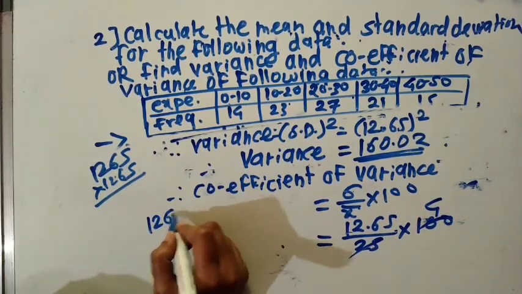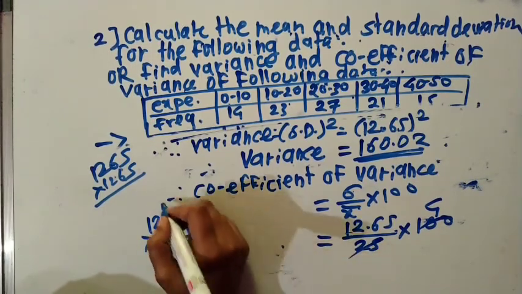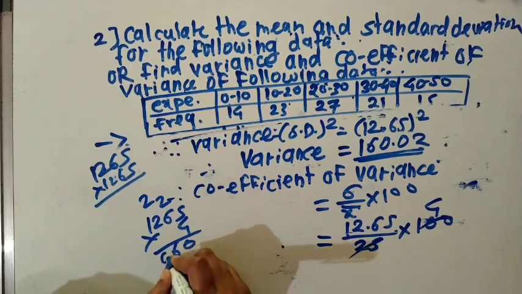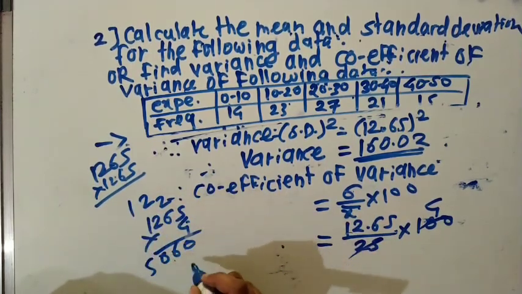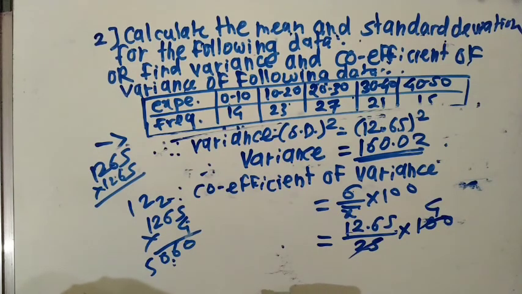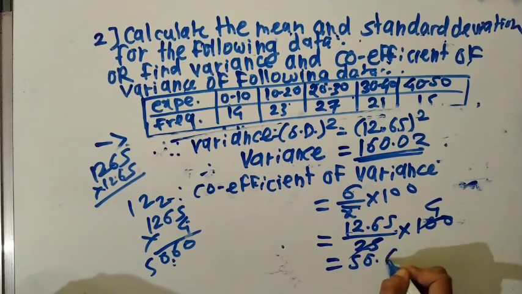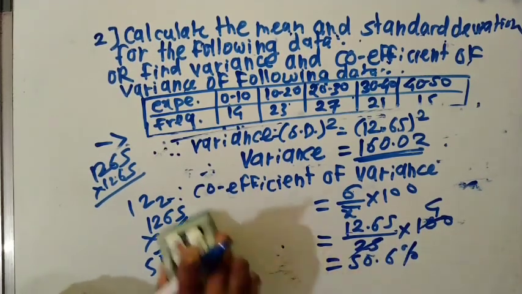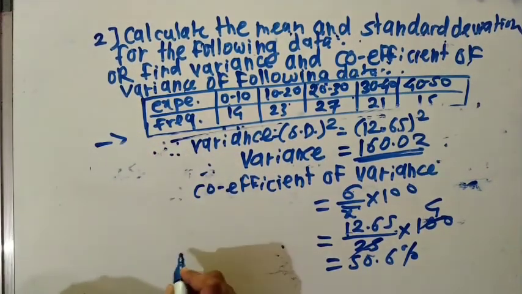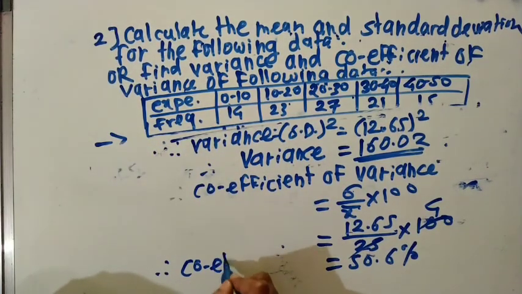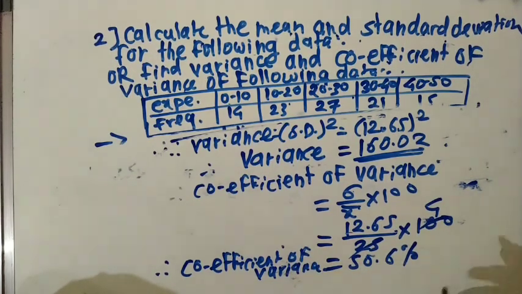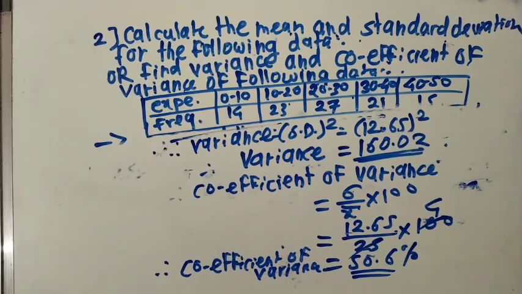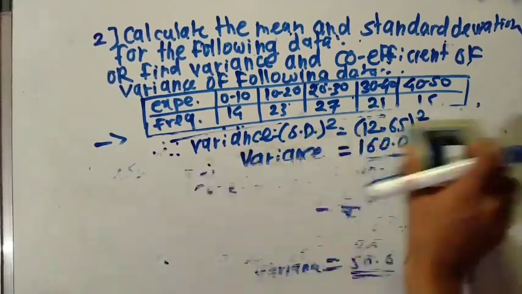So 1265 into 4 is equal to 15.6%. Hence, coefficient of variance is equal to 15.6%. Then we give the third example.